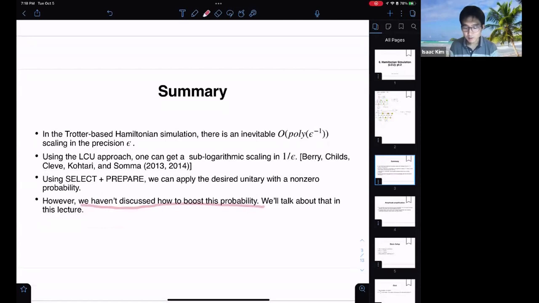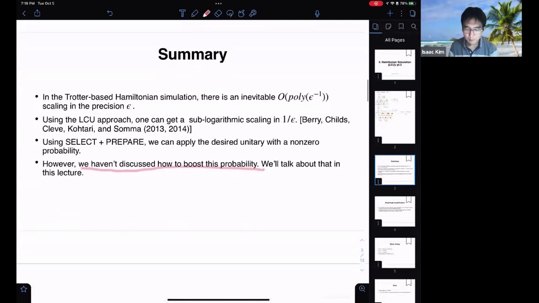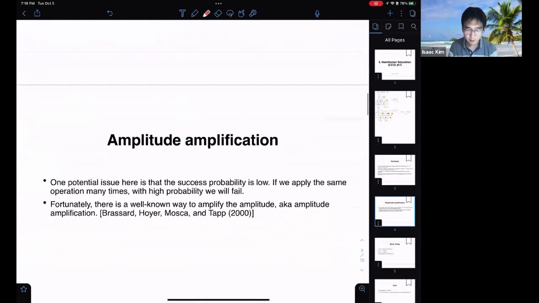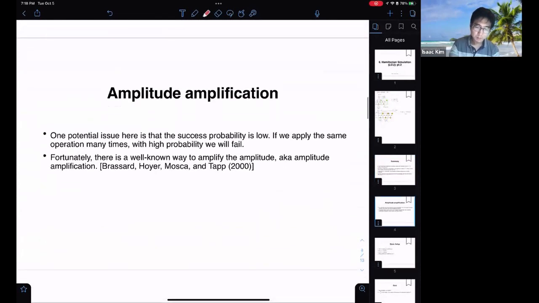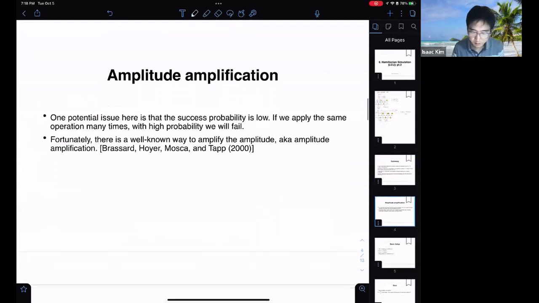So it would be great if we can somehow apply this deterministically. So I'll tell you about a general technique behind this. It's not exactly amplitude amplification, but it will be useful to talk about amplitude amplification first.